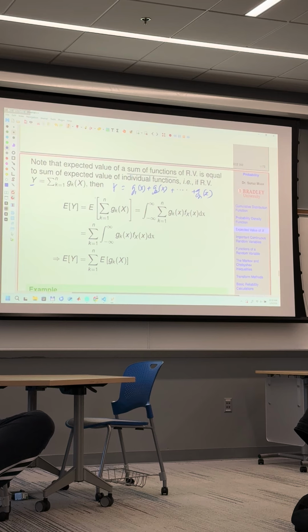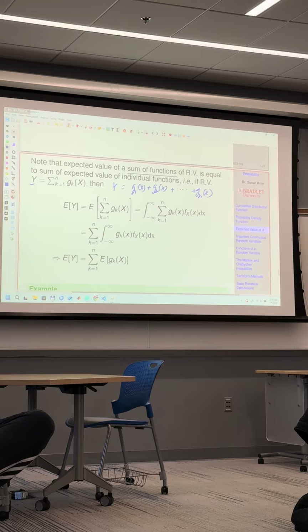So the expectation of y is the expectation of this quantity, and this expectation operator we can remove using integration from negative infinity to positive infinity of this quantity times the PDF, as per the formula. Now, you can bring this summation out of the integration.